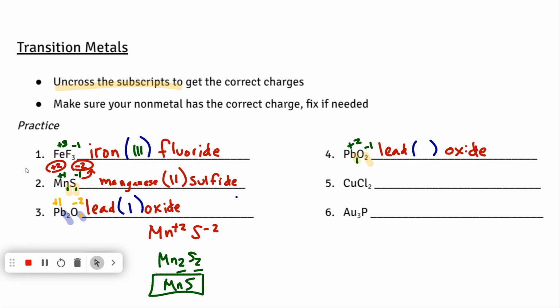That 1 from here uncrossing over onto the O. But O is not a -1. It's a -2 charge. It's double what these subscripts would lead us to believe, which means that this one also has to be double. So lead is a +4 charge, and our Roman numeral for 4 is IV.